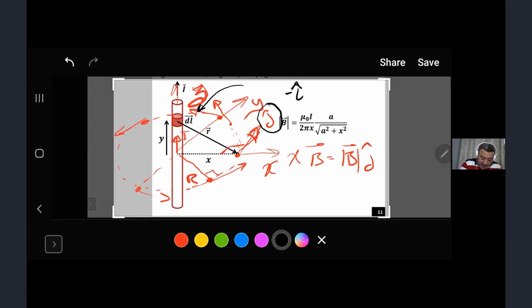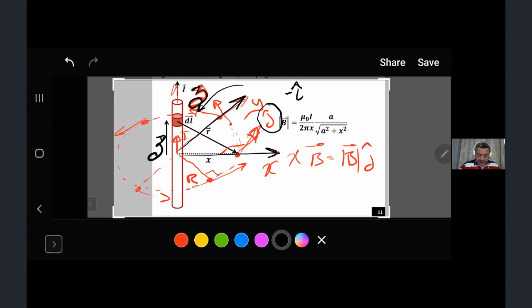No, I made it Z. I made the upward Z, and I made this one to be Y and this one to be X for clarity. So I made the current going Z up, with X and Y. Let's look at it this way.